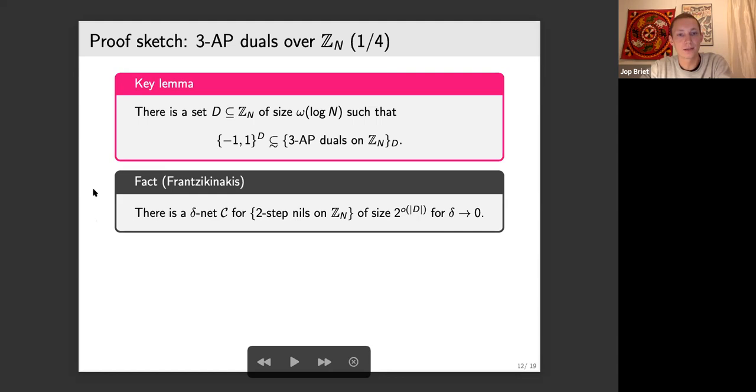Okay, so these are the two facts one can use together to prove the counterexamples.